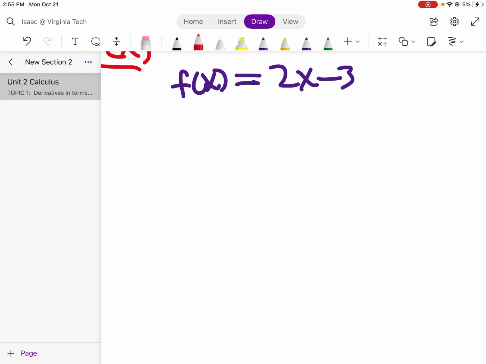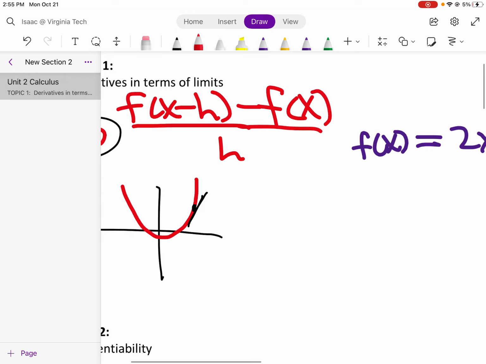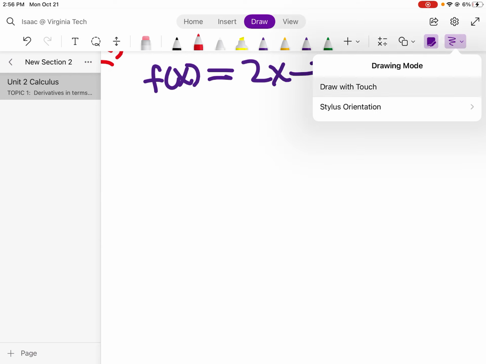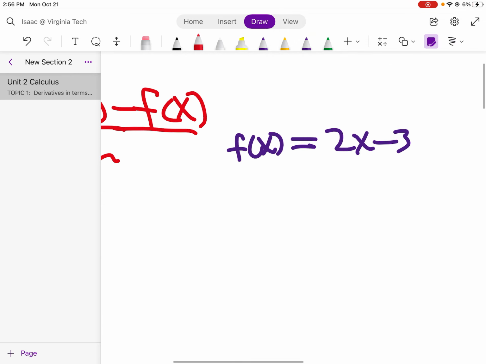Well, let's say that it wanted us to use this limit thing instead of just our derivative rules that you probably know. All you have to do is plug it into that graph. So this is our f of x, right?